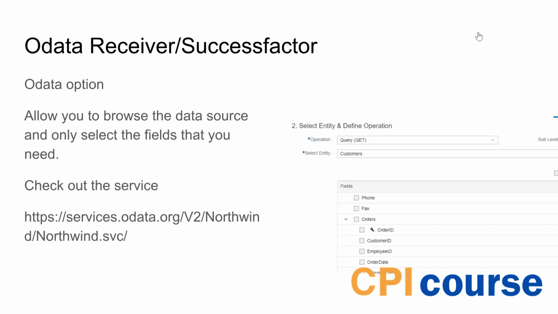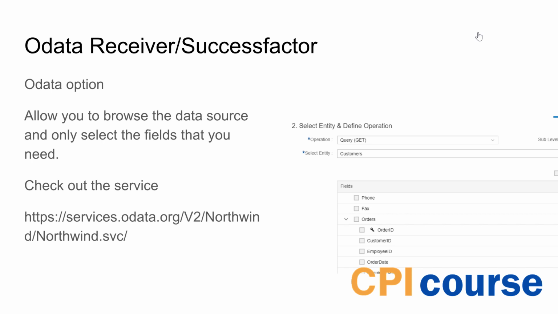Another interesting thing is OData. When you're doing either SuccessFactors or anything like that, they're using OData, and I think a lot of the SAP services are also moving into OData. And the OData adapters are actually really good. They give a lot of options, and there's a specific OData adapter for SuccessFactors.